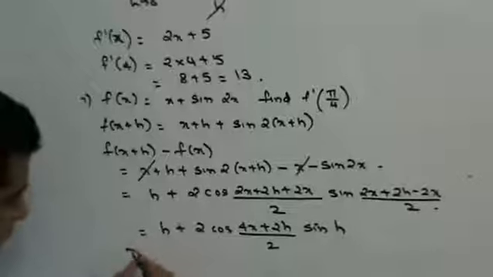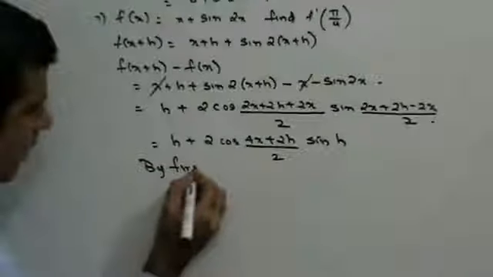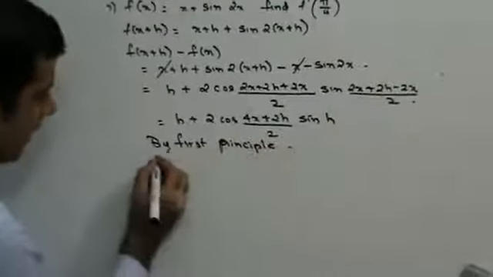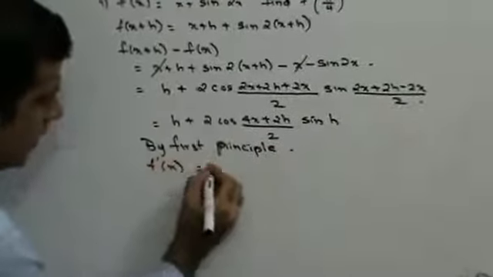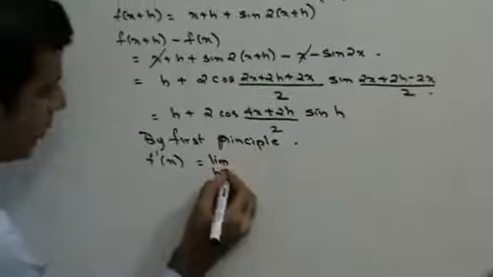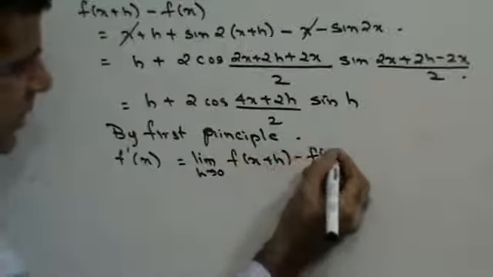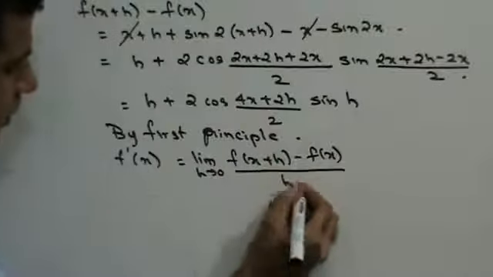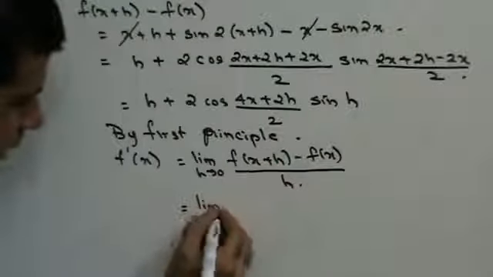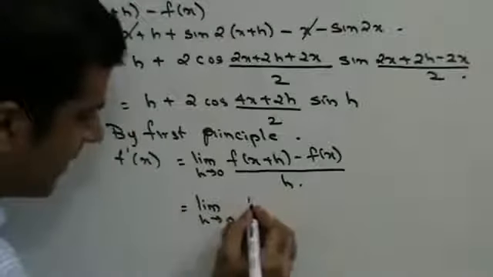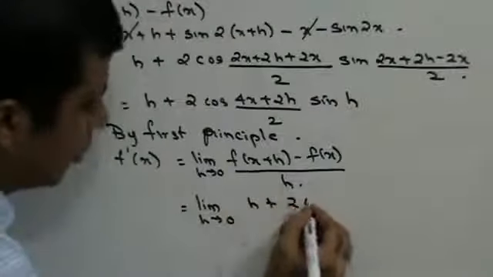Now apply first principle. By first principle, I can say f bar of x is limit of h tends to 0, f of x plus h minus f of x upon h. This is limit of h tends to 0. f of x plus h minus f of x is h plus 2 cos.